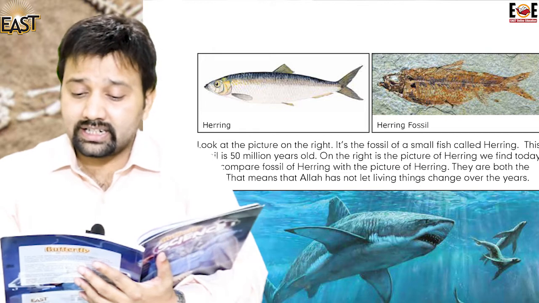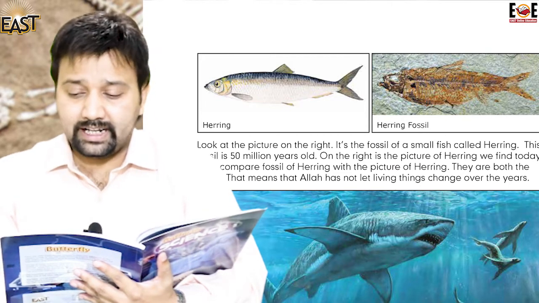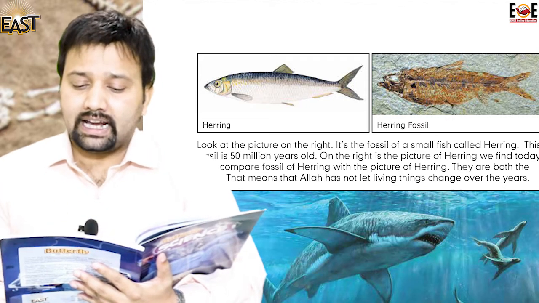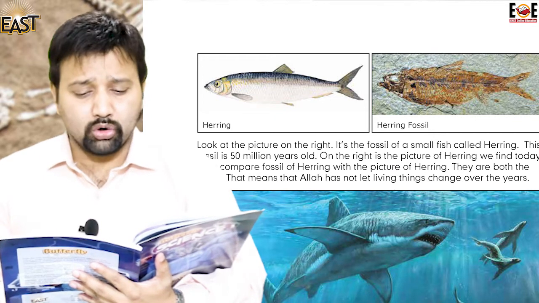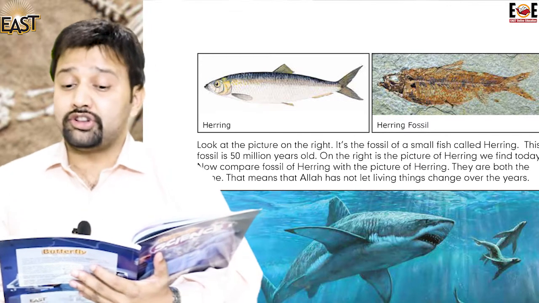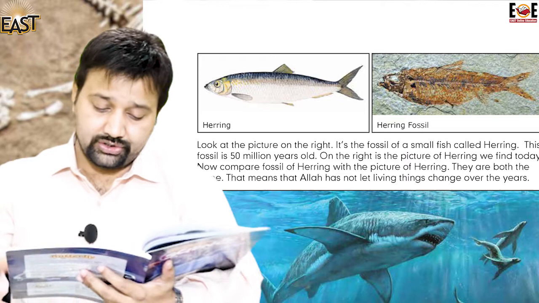On the right is the picture of the herring we find today. Now compare the fossil of the herring with the picture of the herring. They are both the same. That means that Allah has not let living things change over the years.